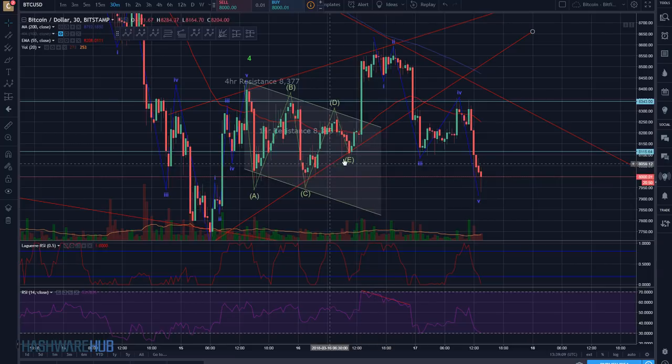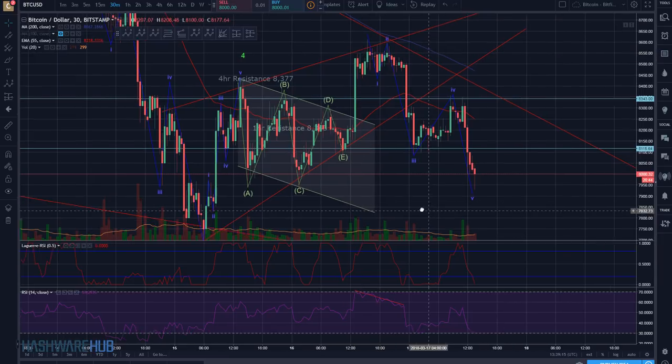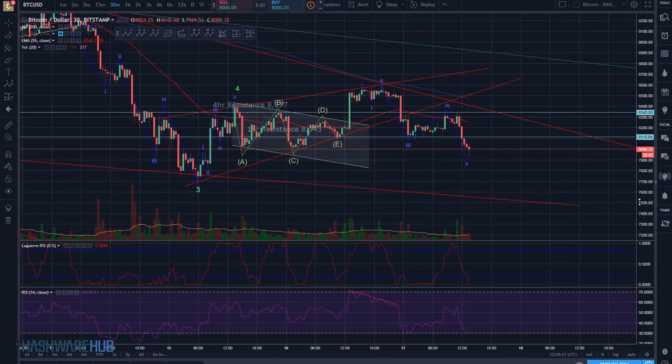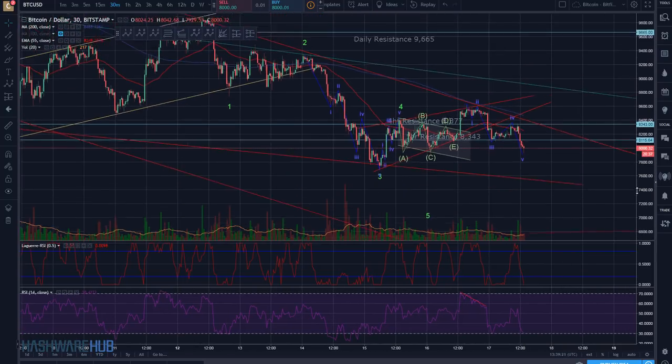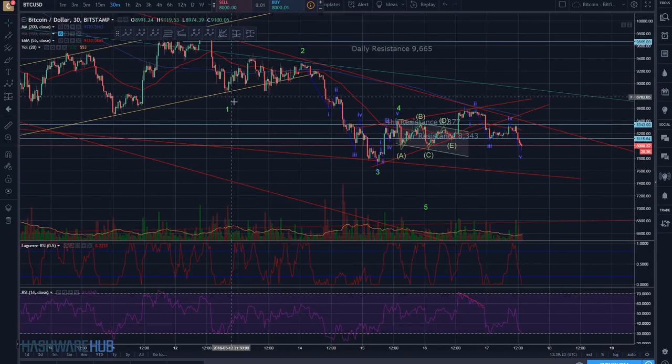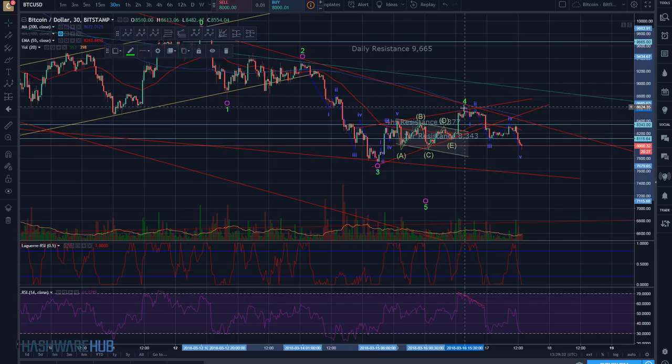So this last wave right here, I believe this is 5 waves up here. Now what we're looking for is another 5 waves down, because remember, we're looking for the 5th wave of this 1, 2, 3, 4, 5. The 4 should be drawn somewhere around here. So 1, 2, 3, 4, 5.